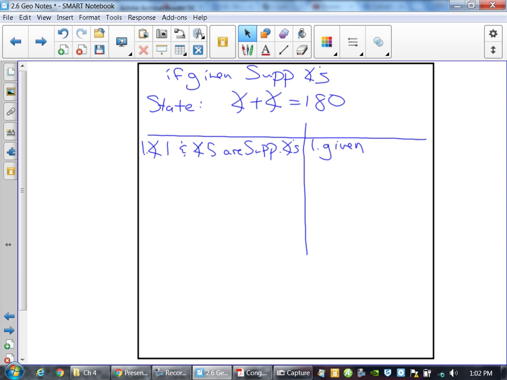In some sort of a diagram, supplementary angles have to add to equal how much? 180. So here's angle 1, here's angle 5. They form a line. That's what that looks like.